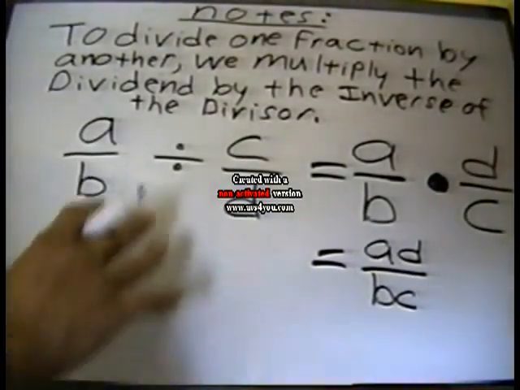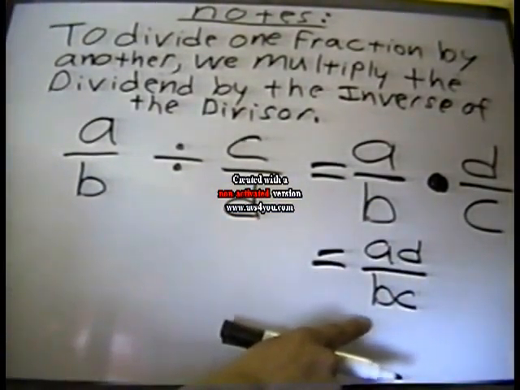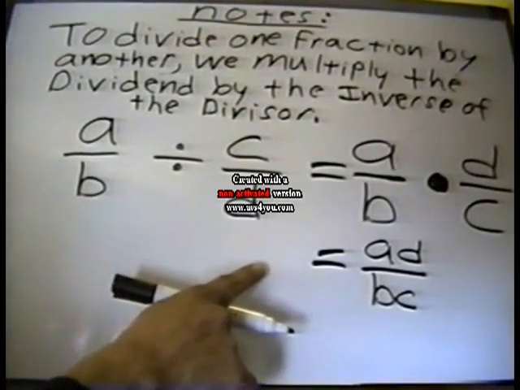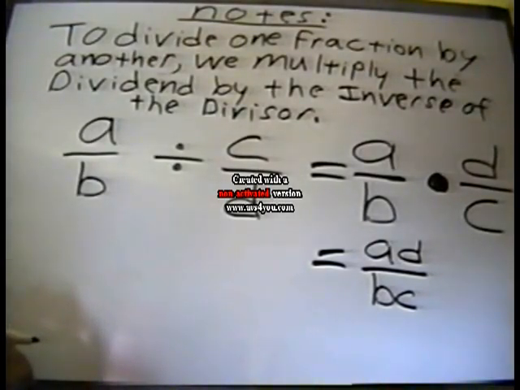See, that becomes AD over BC, following from this form. And that's how you divide.